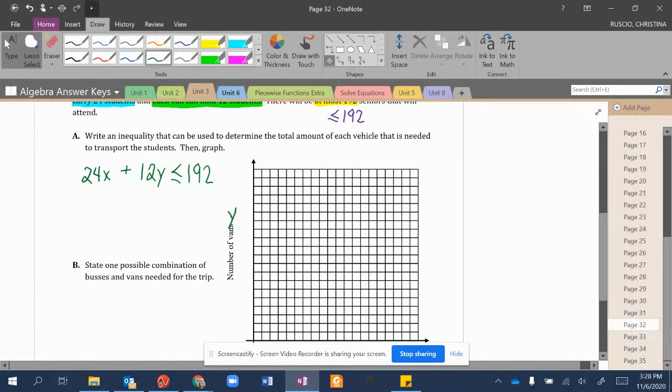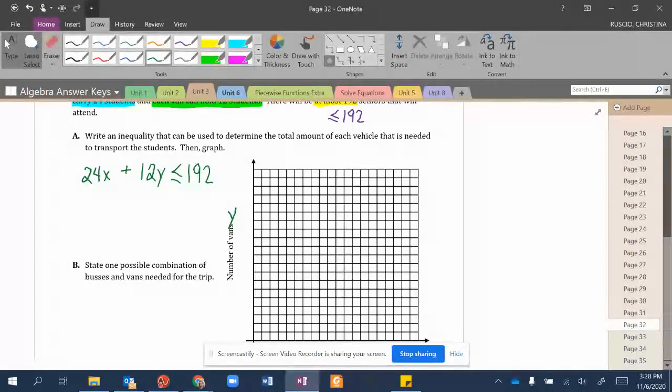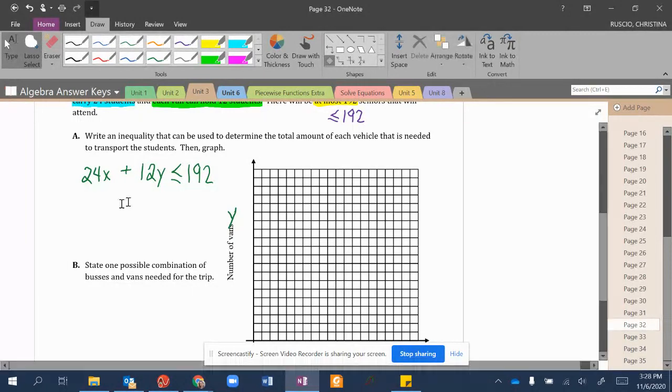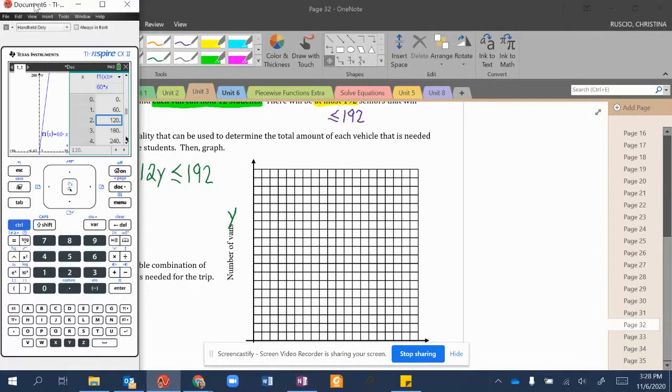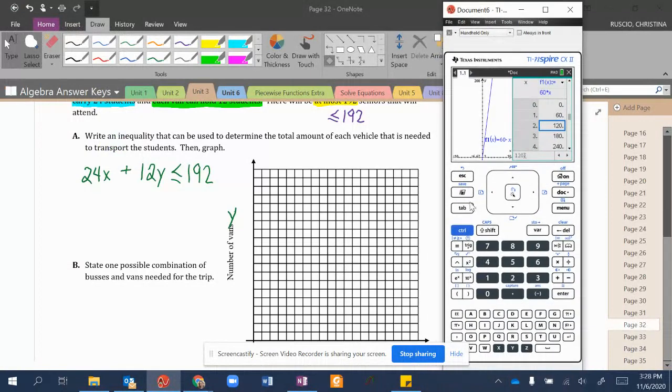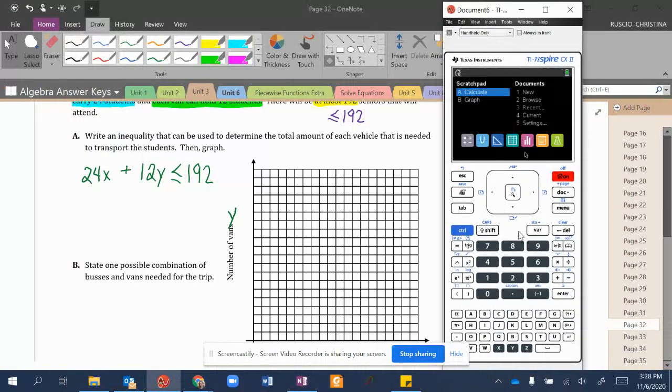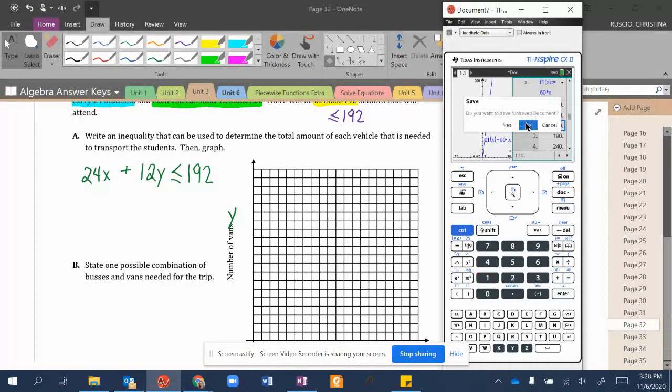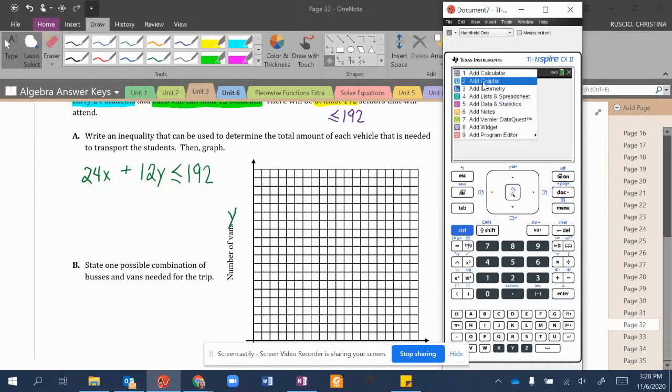Okay, so at this point, we have a few options. We could solve for y, or we could graph this and generate our table of values that way. I'm going to use my calculator just because I think a lot of us this year really have wanted extra help with the calculator. But maybe if we have enough time at the end of the video, I'll go back and show you how to solve for y.